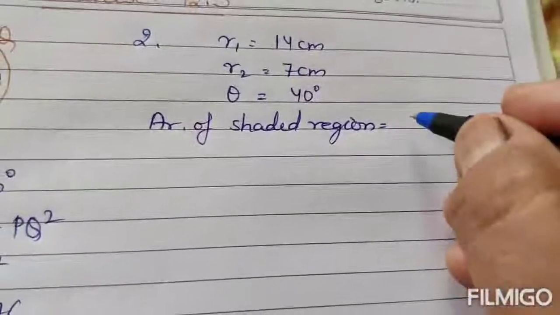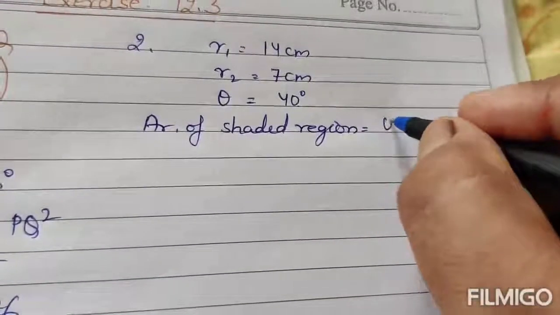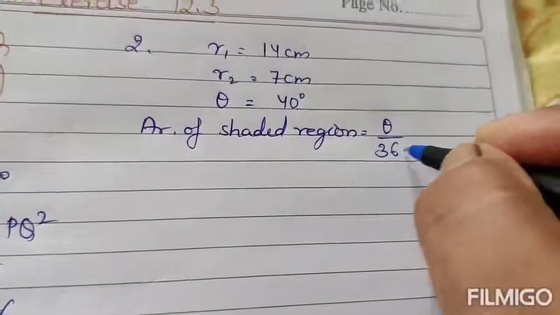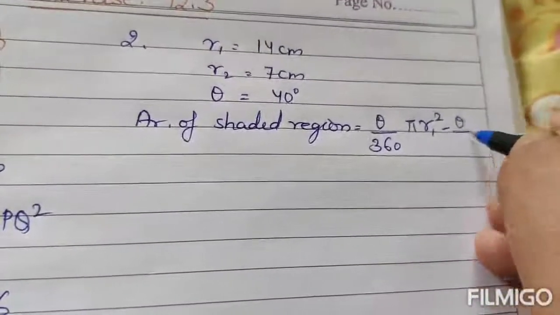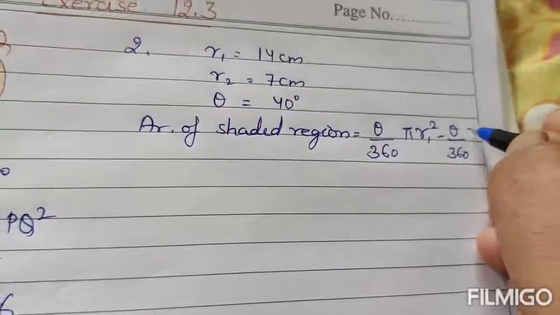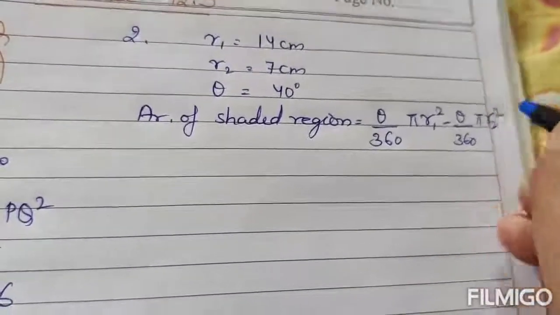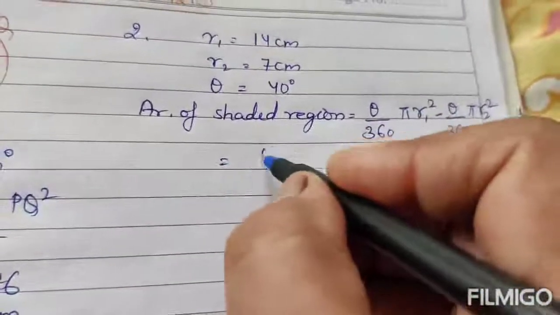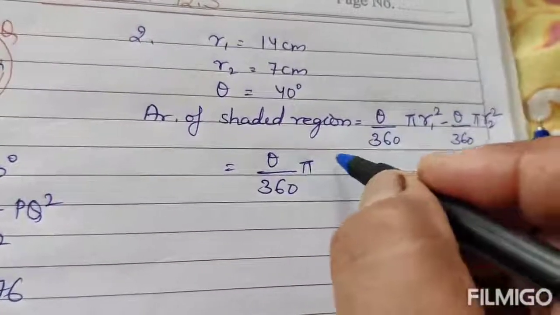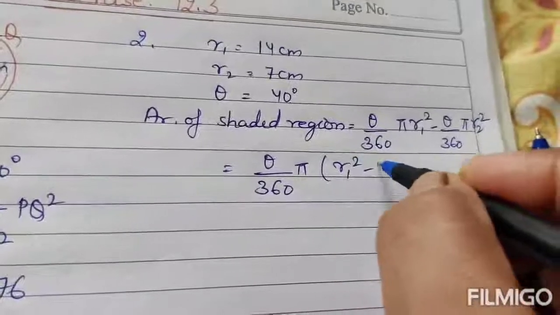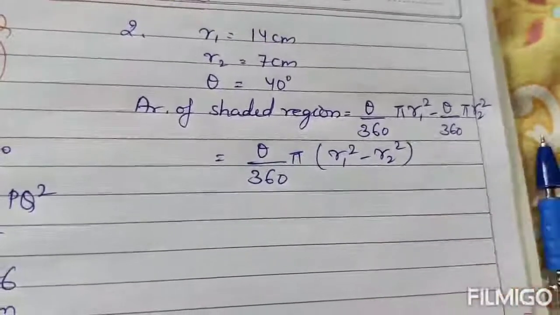Area of the shaded region equals area of the major sector, theta by 360 into pi R1 square, minus theta by 360 into pi R2 square. Taking common theta by 360 into pi, and in brackets R1 square minus R2 square.